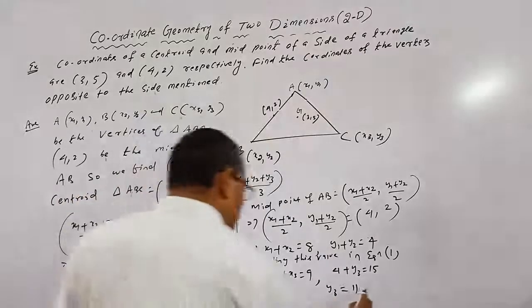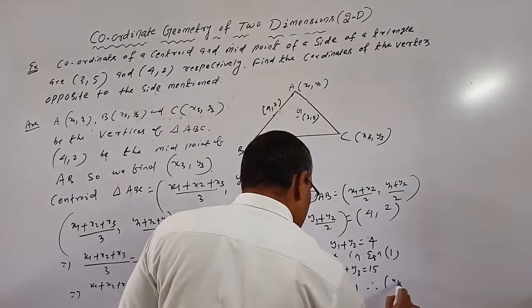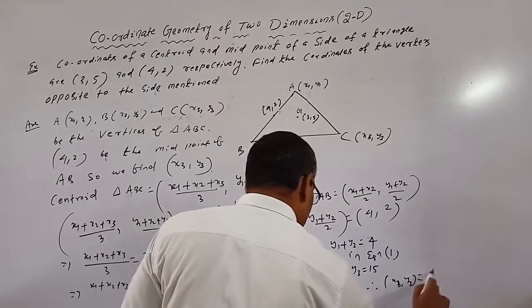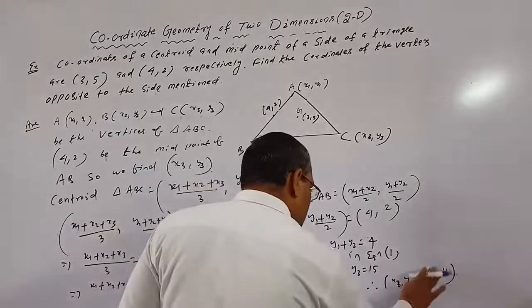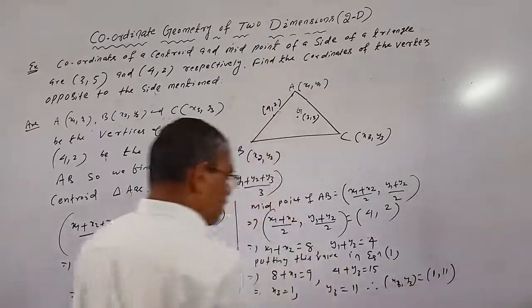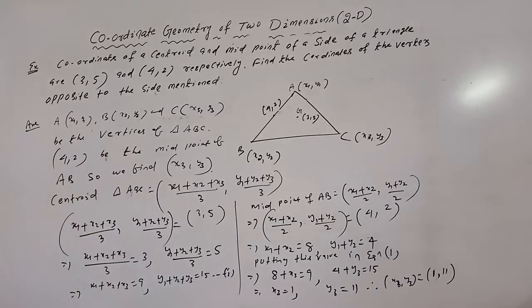Therefore x3 comma y3 equals 1 comma 11. So the vertex opposite to the side with midpoint 4 comma 2 is 1 comma 11.